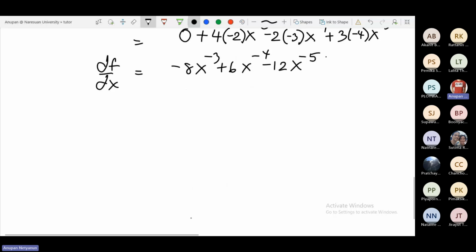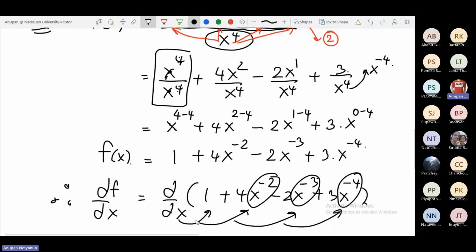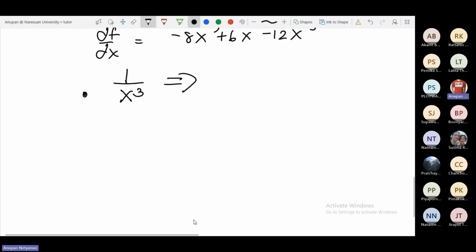That means if you see something like this, you might want to change it into a power of x. The thing you can do is what I talked about here: if you have something in the bottom and the power is positive, and you bring it up top, the power will become opposite. So this can be written as x to the negative 3. See, it's in the form of x to some power, right?